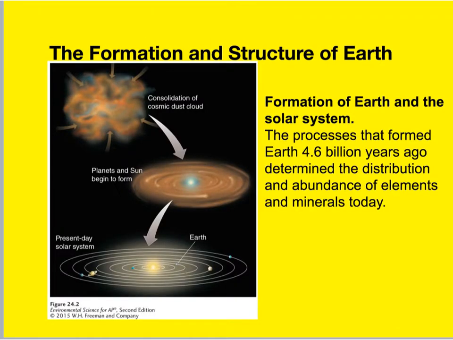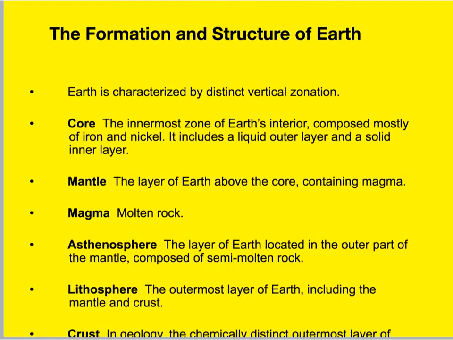And let's not forget that each of these layers is very old. The formation of Earth and the solar system itself was a process that began 4.6 billion years ago. And this distribution of the elements and minerals today comes from that very old process. So when we take a slice through Earth and see this vertical zonation, it reminds me of some vocabulary.